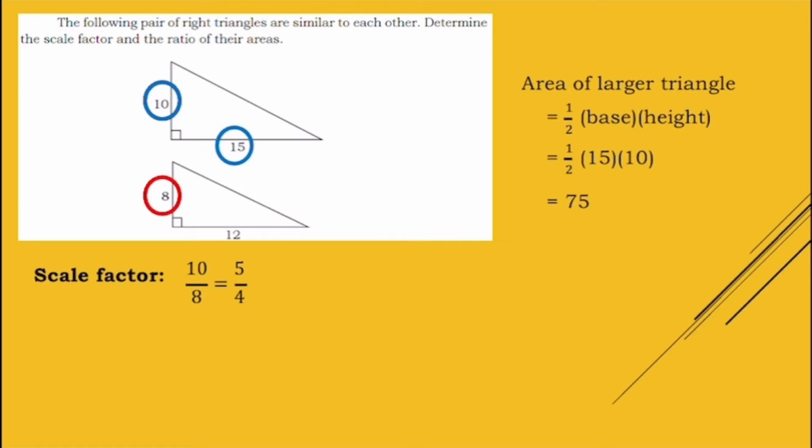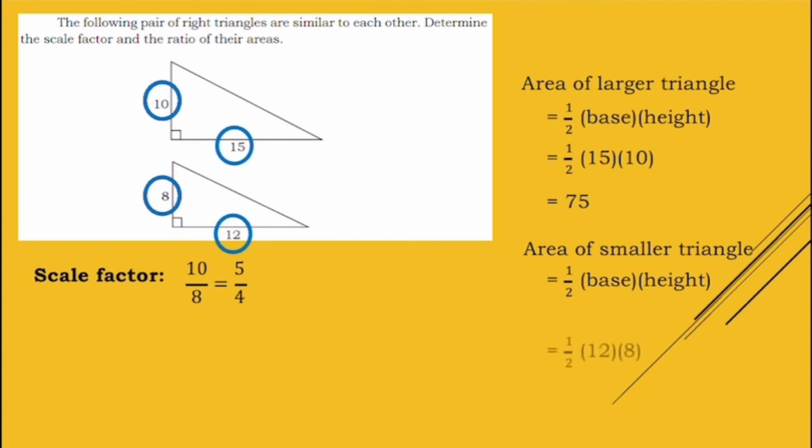Now, let's proceed to the area of the smaller triangle. Again, let's apply the formula, which is 1/2 times base times height. The base of our smaller triangle is 12 and the height is 8. Let's substitute the values. We have 1/2 times 12 times 8. So 1 times 12 times 8 divided by 2, we will have 48.